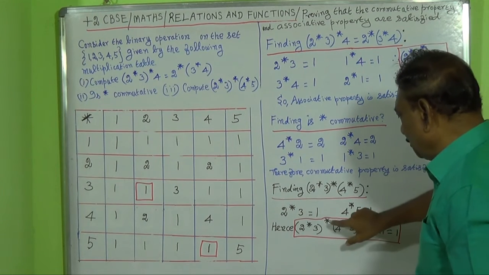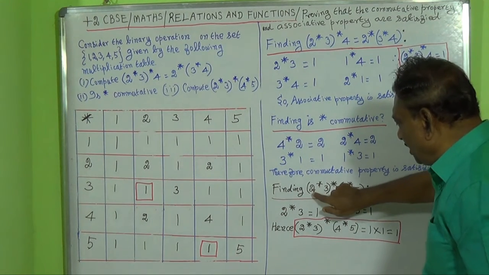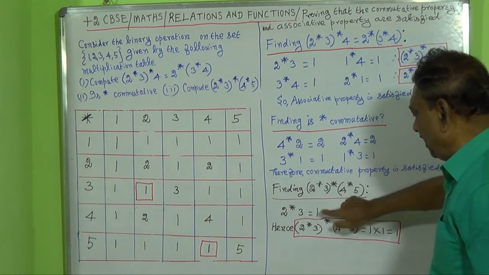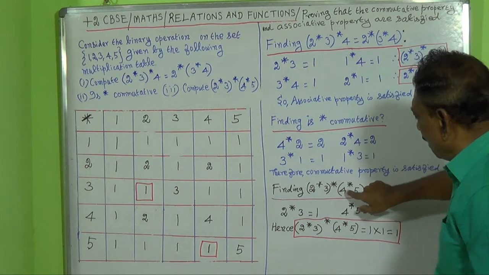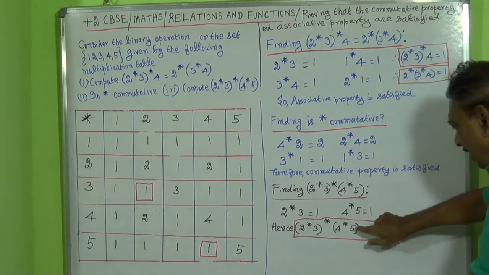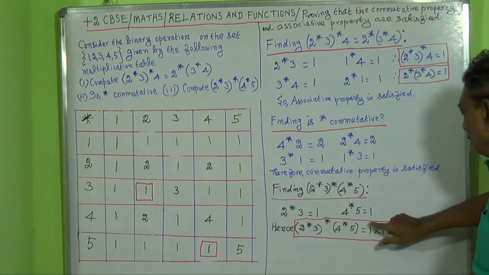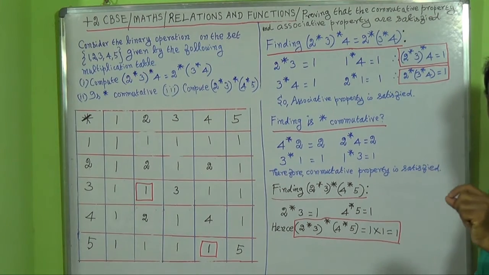So if we substitute 1 in the place of 2 * 3 and 1 in the place of 4 * 5, we get 1 * 1, which is equal to 1.